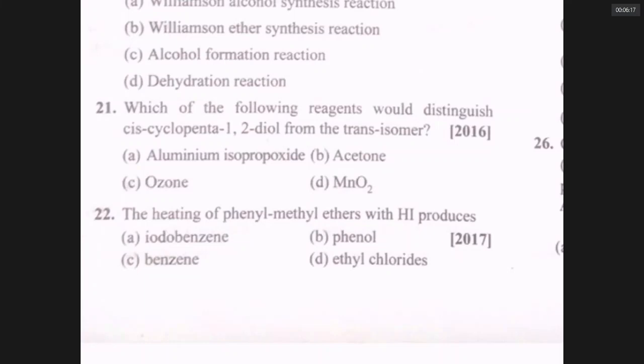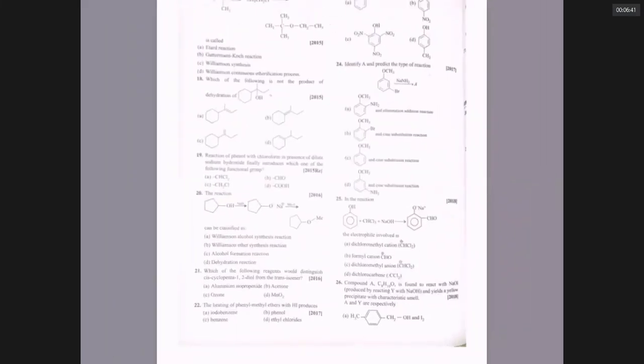The tertiary alkyl group, if present, that will take iodine preferably. Second rule, in phenolic ethers, always phenyl group goes with oxygen and become phenol. The other part will become iodide. Therefore, when phenyl methyl ether is treated with HI, I get phenol and methyl iodide. That's very clear. Okay, sir?